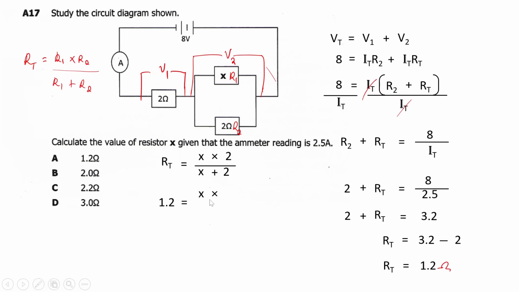I never actually multiplied, I just substituted, right? So X times 2 over here, I had to put X plus 2. Then from here, 2x is equal to 1.2x plus 2.4. So from here I came to this stage.